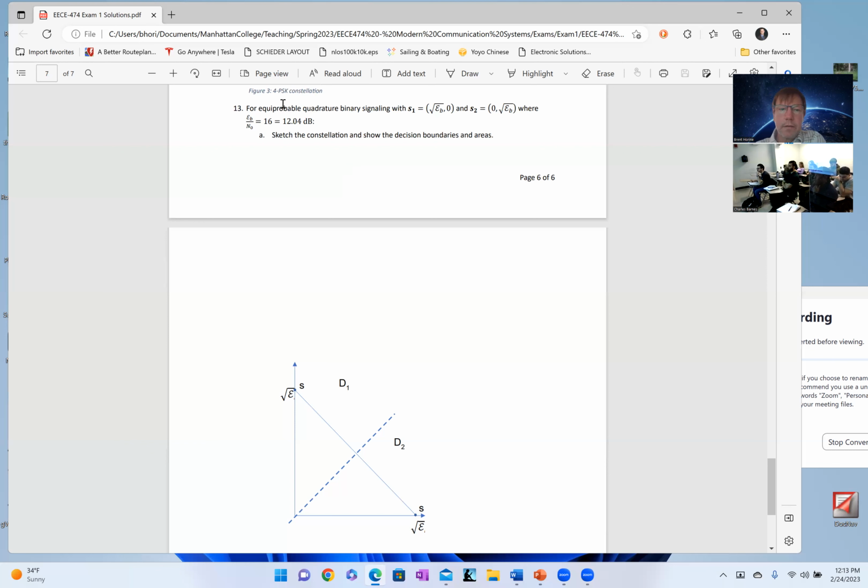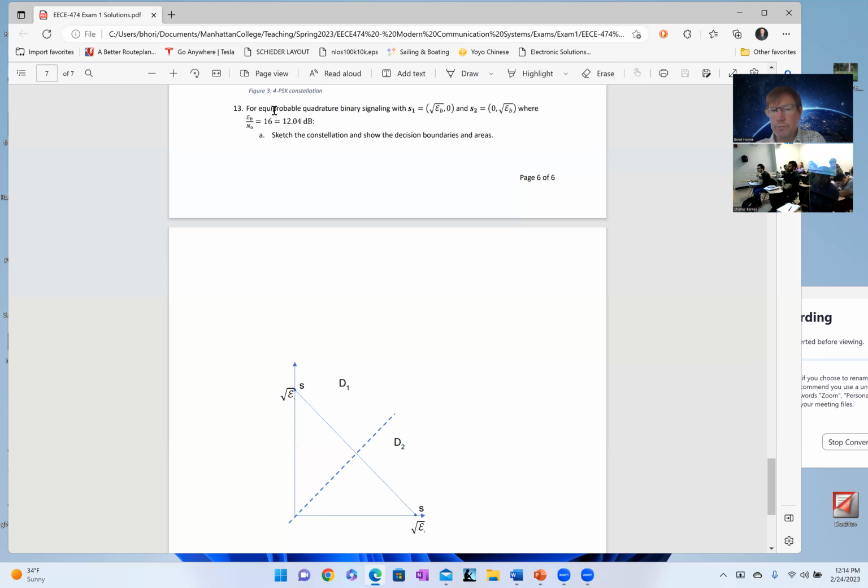And here some of the key things are that they're equally probable, which gives us access to certain formulas that we can use, right? It's binary signaling. That means that there's only two symbols, right? We're signaling two symbols.